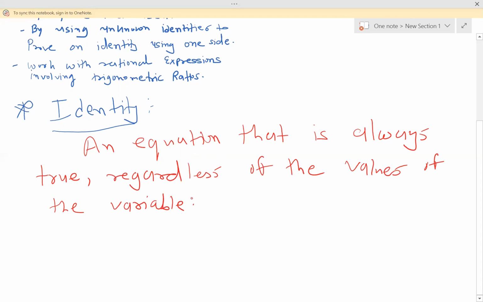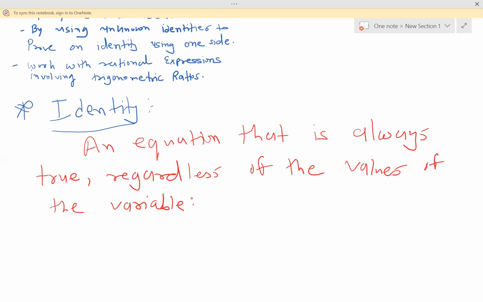Okay, that means we have some equation which is always true. We do not have to prove it. So that is known as an identity. So an equation that is always true regardless of the values of the variable is known as an identity.